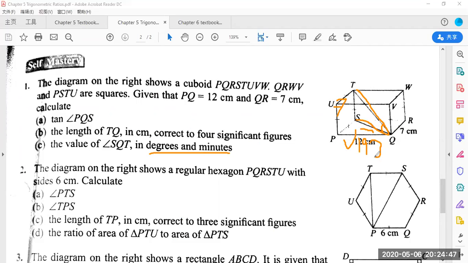We draw out the triangle, easier for you to see. This one is T, this one is S, this one is Q. So 90 degrees, and then we need to find this angle. So we have the 7 and square root 193.